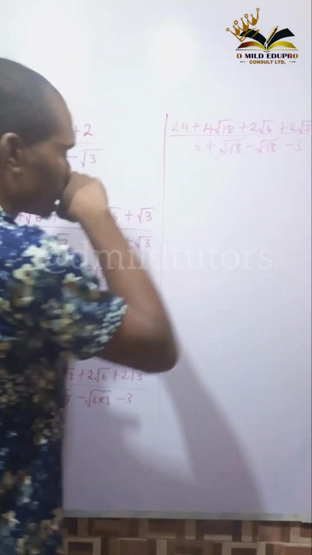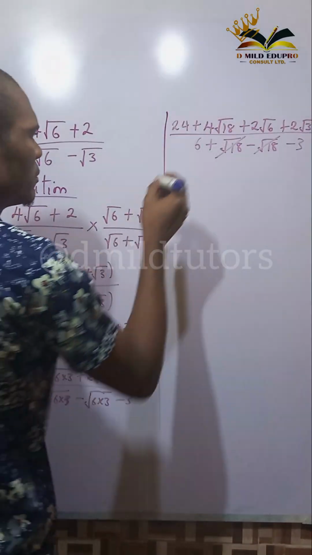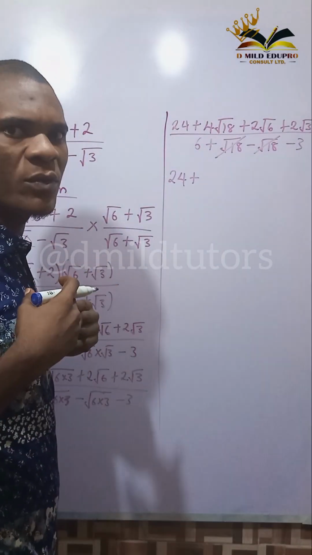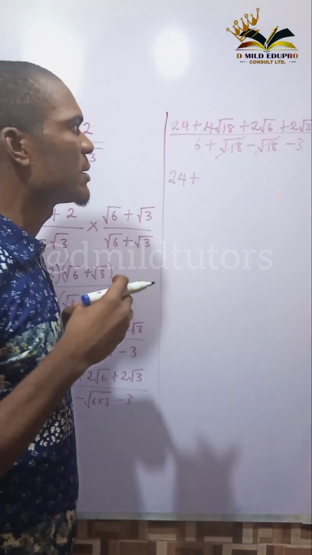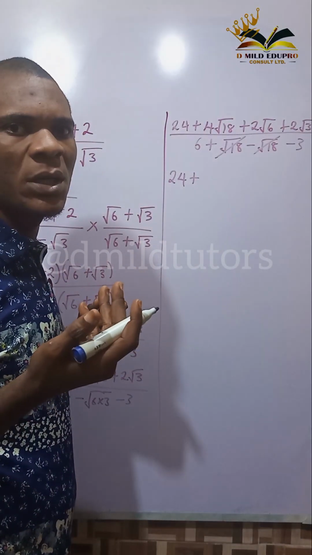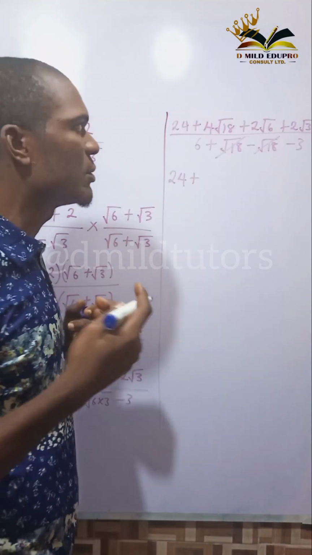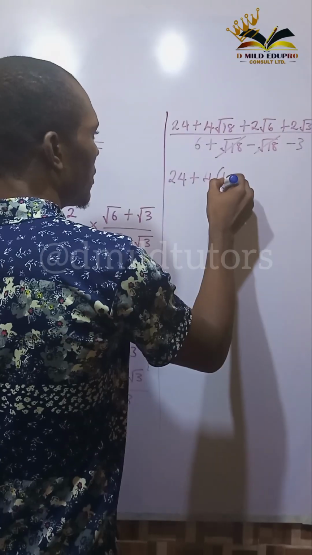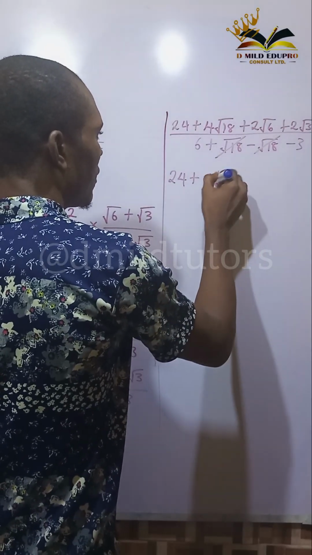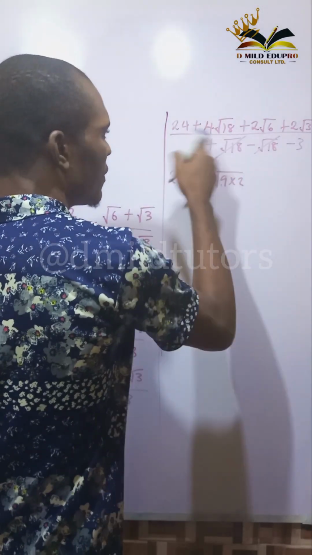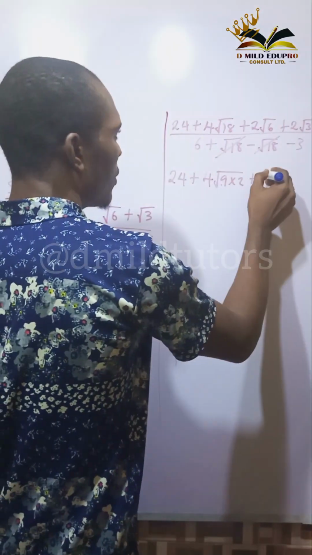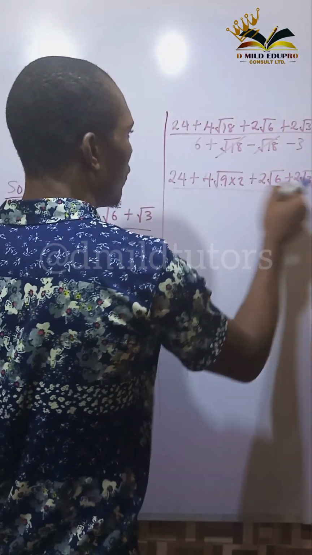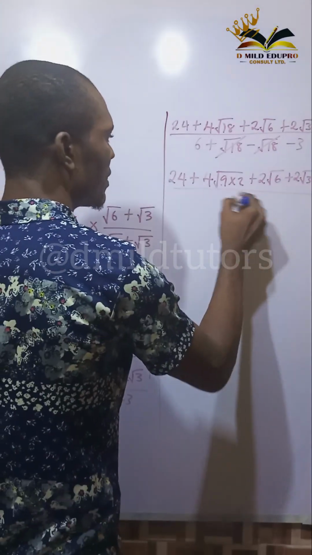All right. So we have left 24 plus 4, root 18 can be broken down as a perfect square 9 and 2, right? So 9 times 2 will give us 18, plus 2 root 6 plus 2 root 3 all over 6 minus 3, you have 3.